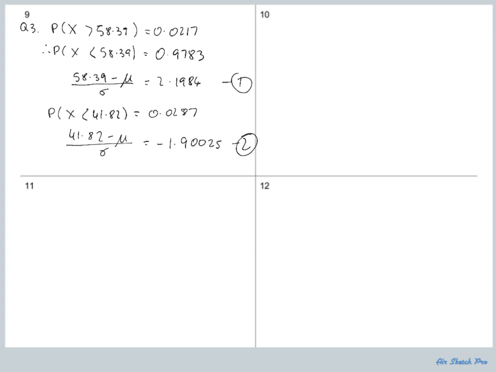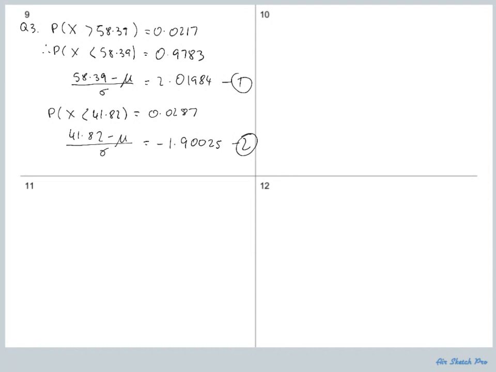Equals 2.01984. Thank you. Oh, 1984. There we go.